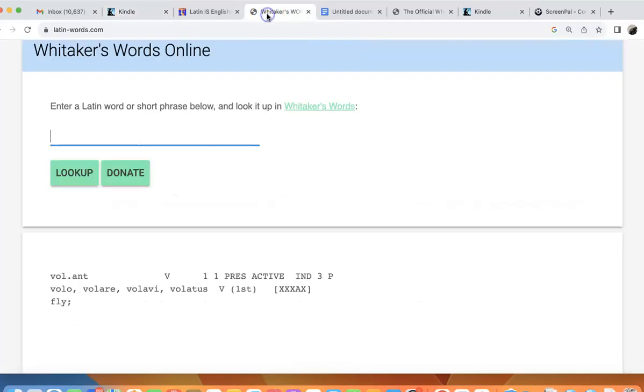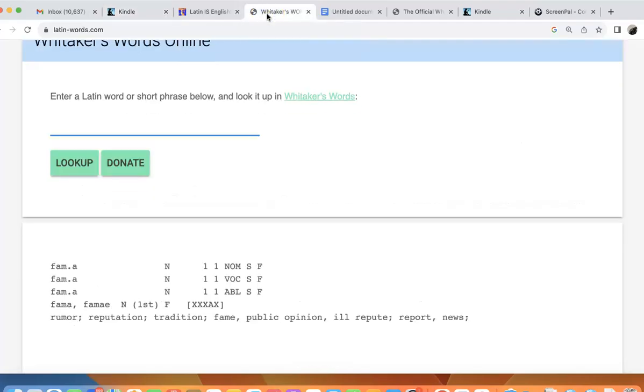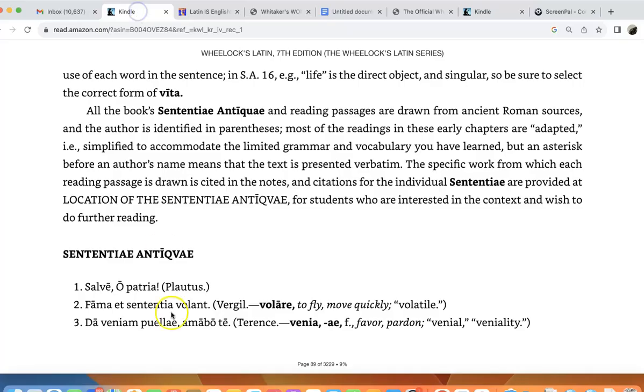But if we go to here, we can see it can mean rumor, reputation, tradition, fame, public opinion. So maybe public opinion in our age might be a good translation. Again, we'd have to go back and look at the context of Virgil's work to get a sense of it. But maybe public opinion, although sententia also means opinion.